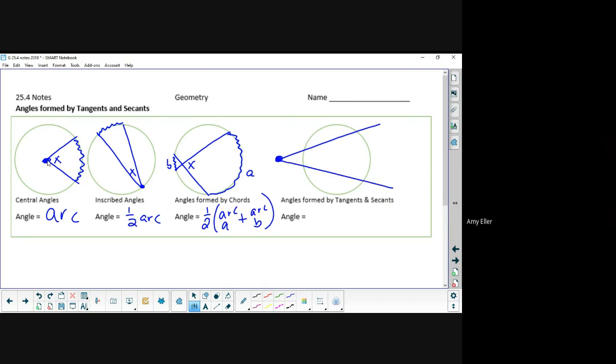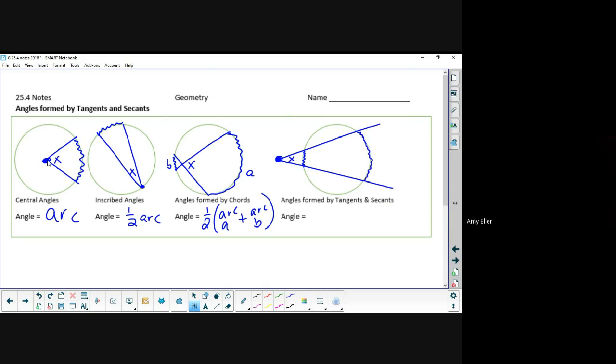Put an X out here by this angle. Think of that angle as a spotlight. It's shining out. So it's shining on this arc. It's very close to it. So that would be very bright right there. And it keeps shining out. The light would hit out here too.